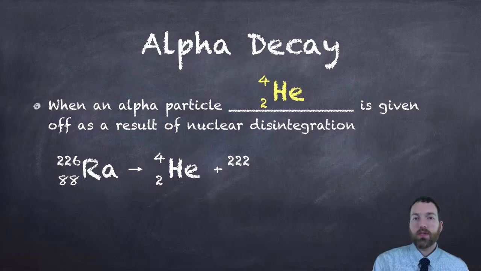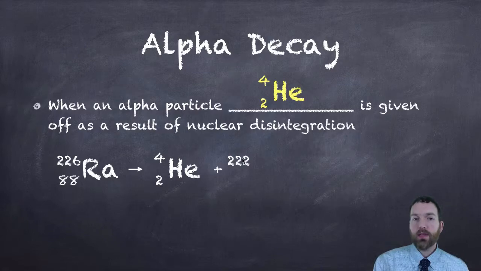Okay, at this part, we still don't know the identity of the missing element. Now, you could go to your periodic table, and you could scan, and you could look for something that weighs 222 atomic units. But it may or may not be right, because we don't know if this product is an isotope or if it's a different isotope than what's on the table. So this isn't specific enough to give us our answer.